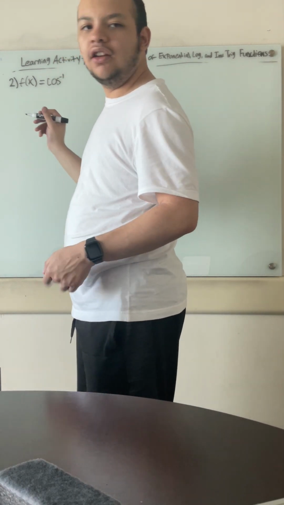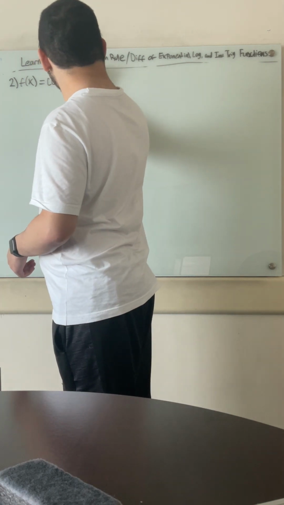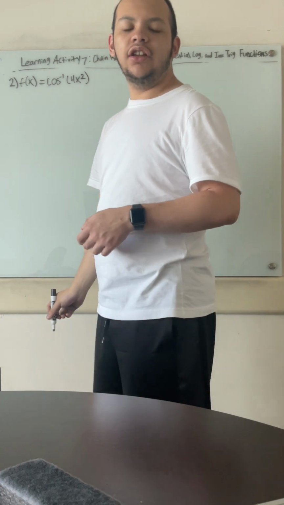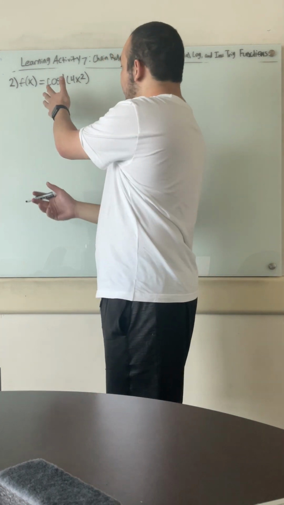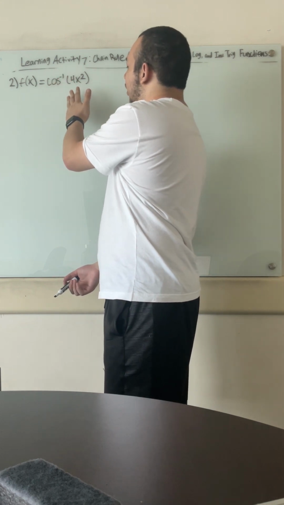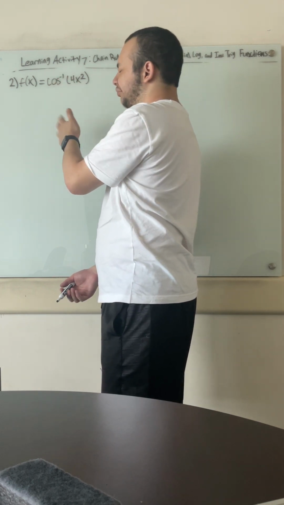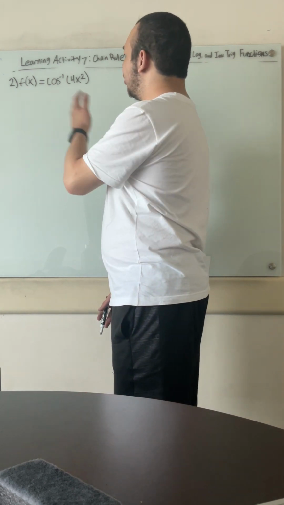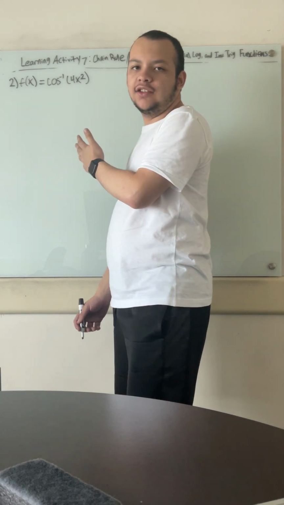So arc cosine of 4x squared. All right. So under prime notation, this is a composite function. Our composite function is arc cosine, and then our other function is simply 4x squared.